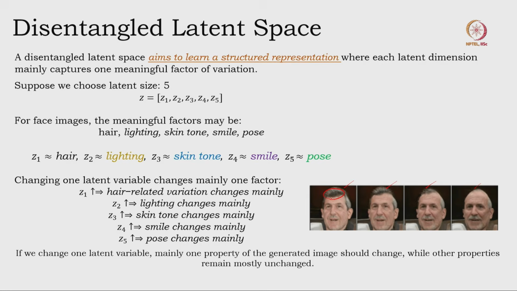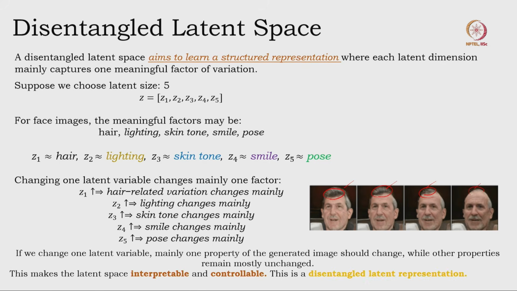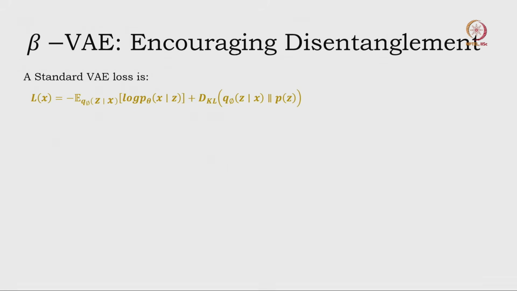It is only the hair which has been changed, and all the rest of the properties have remained the same. Do you agree with this concept? This is called a disentangled latent space. By doing this, we get an interpretable and controlled latent space, and this is called a disentangled latent representation. I hope this concept is clear to you.